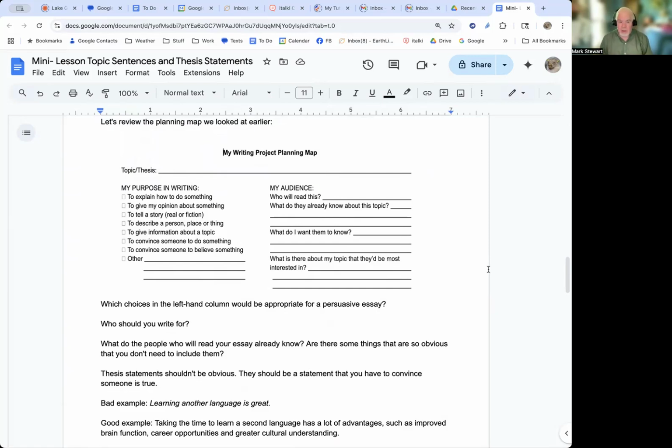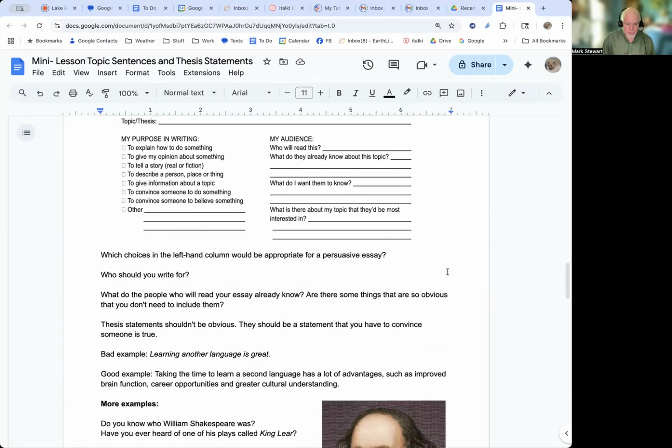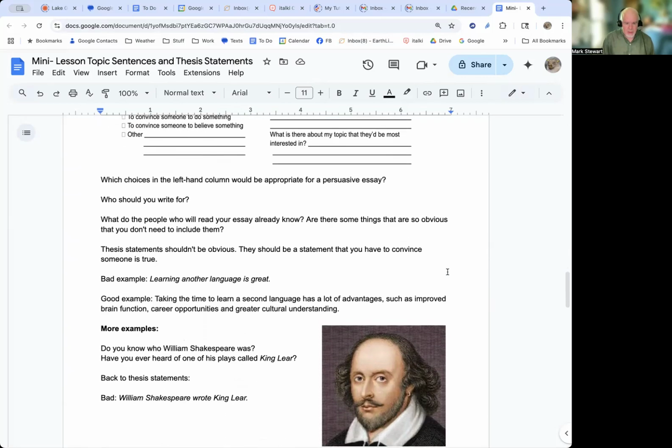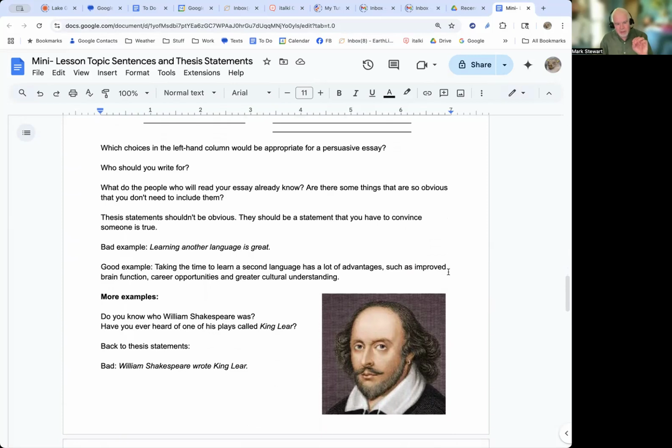If you were writing about a new theory about the behavior of water under extreme conditions, you would not say water is wet. Everybody knows this, right? So figure out, for the person I'm writing to, what do I need to explain because it's not obvious?